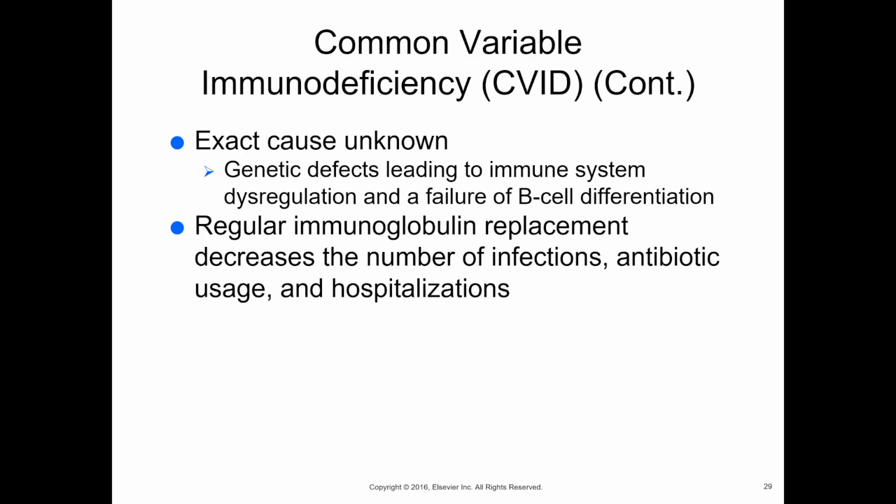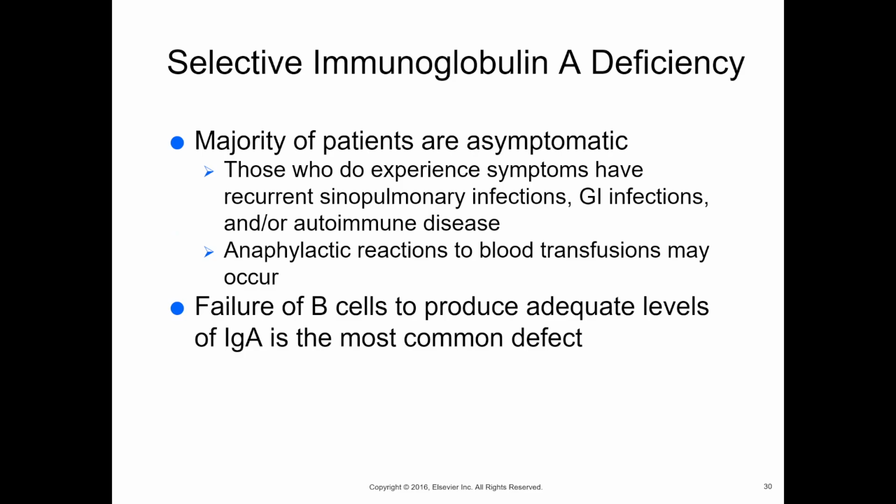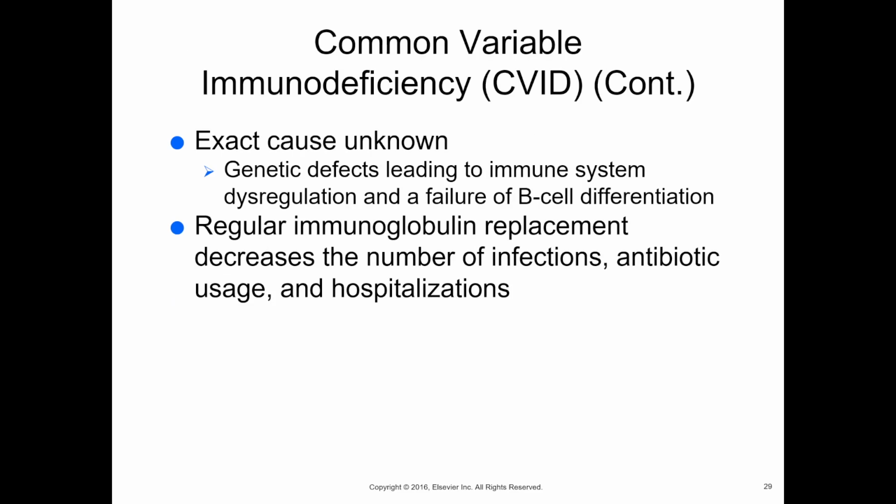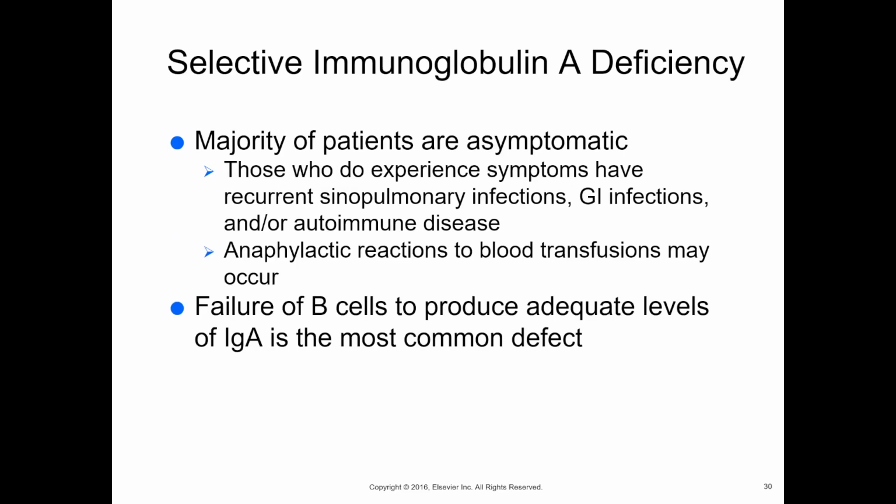A lot of people that are treated with this get immunoglobulin replacement therapy, like intravenous immunoglobulin, IVIG therapy. You get regular monitoring for infections. You have to be careful about antibiotic usage, hospitalizations, etc. Most of the people with this condition actually end up dying of chronic lung diseases or cancer.